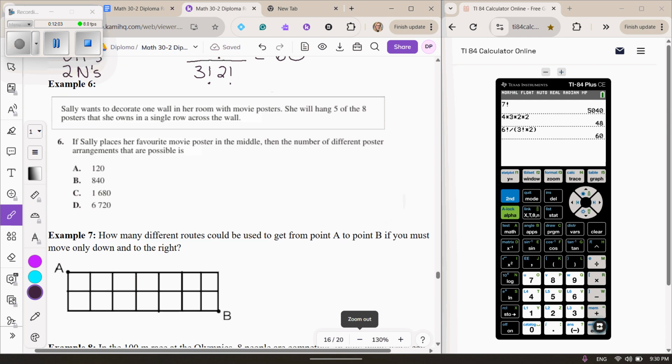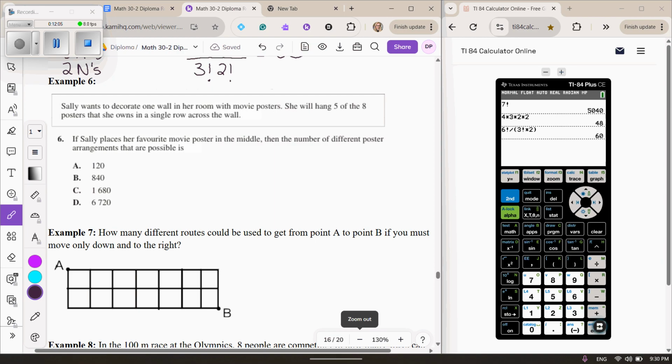All right, next example. Sally wants to decorate one wall in her room with movie posters. She will hang 5 of 8 posters that she owns in a single row across the wall. So I can picture it. She's got 8 laying on her bed, but she's going to hang up 1, 2, 3, 4, 5 on her wall.